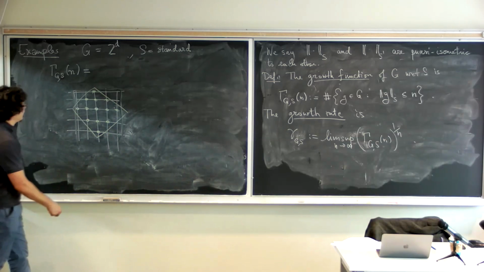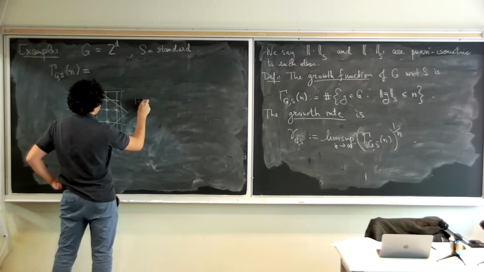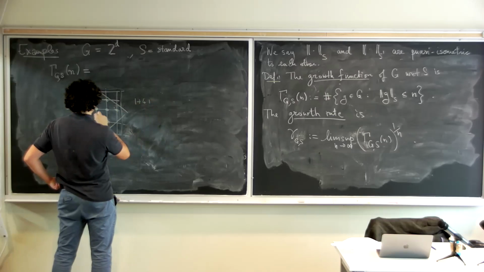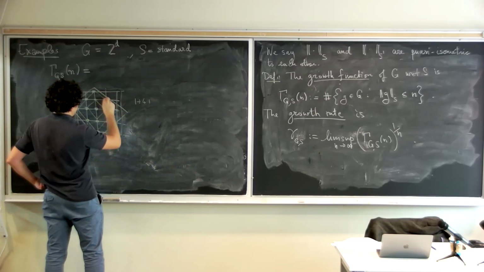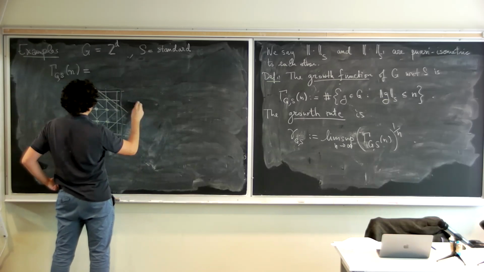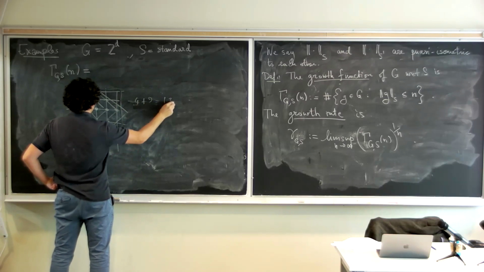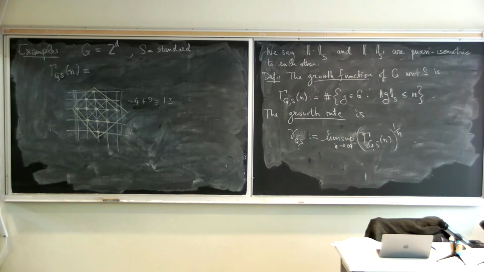In this case there are 13, which is 1 plus 4 plus 8, or 9 plus 4. So in general, how many are there in Z^d?